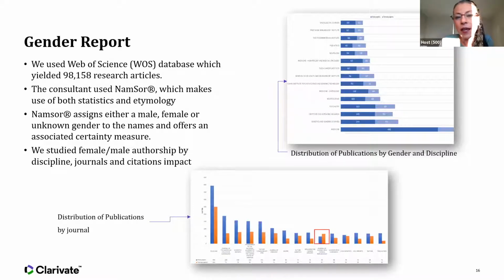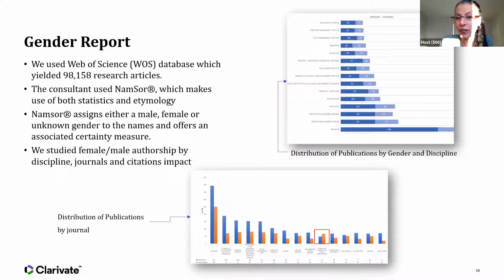And for Sinai, I really wanted to do this only for us, for the institution itself, and try to present to leadership again what is the balance between males and females within our institution based on the departments, but also looking at publications and impact over time.